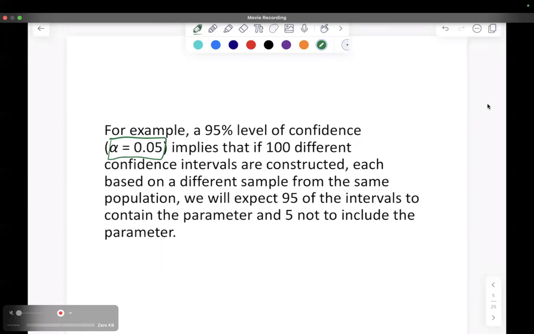Remember, alpha is the probability of making a type 1 error. So that 5% is the probability of my confidence interval not containing the population proportion. That's basically what that's saying: there's a 5% chance that the confidence interval I created doesn't contain the actual population proportion.